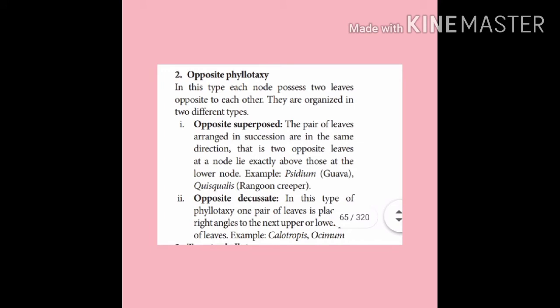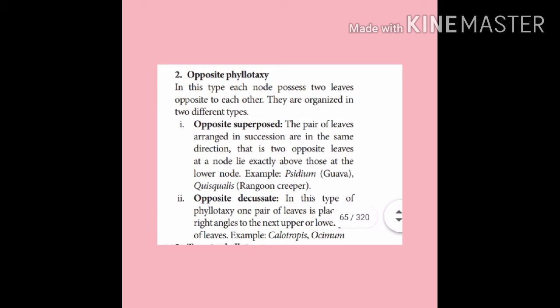In opposite phyllotaxy, the leaves are arranged opposite to one another and they can be superposed, that is one above the other. Decussate means one leaf is at a right angle to the other leaf. The first leaf will be at a right angle to the next leaf.